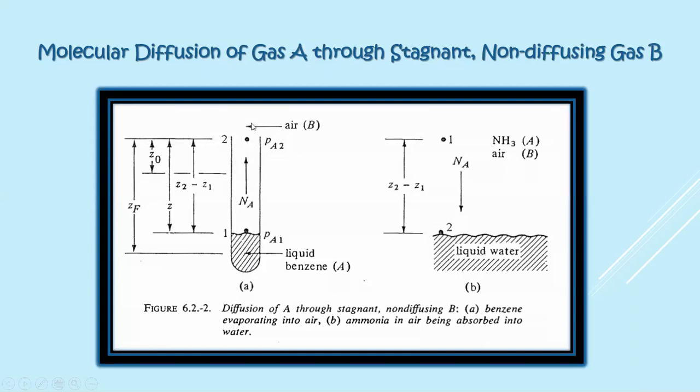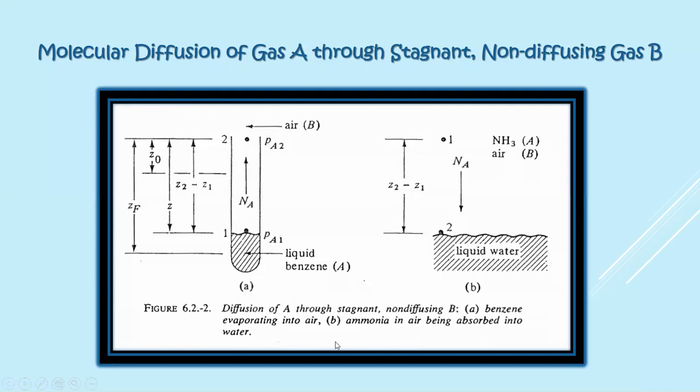Your B is your air, and this is your diffusing gas, which is benzene. So the process of diffusion is from this particular point here, labeled as P sub A1, to P sub A2, the partial pressure of A in your non-diffusing stagnant air, which is B.